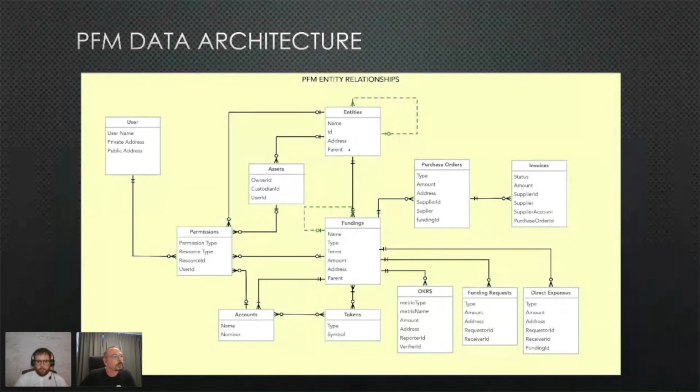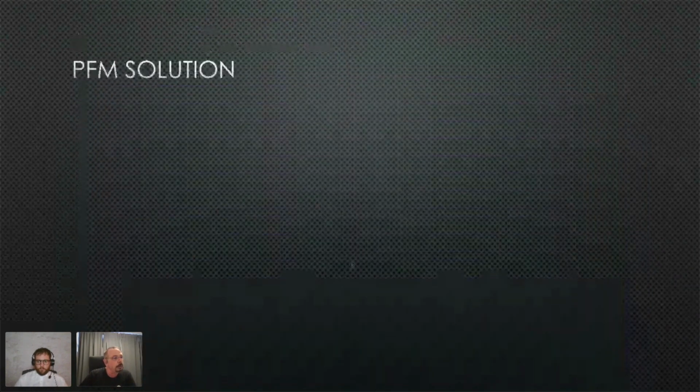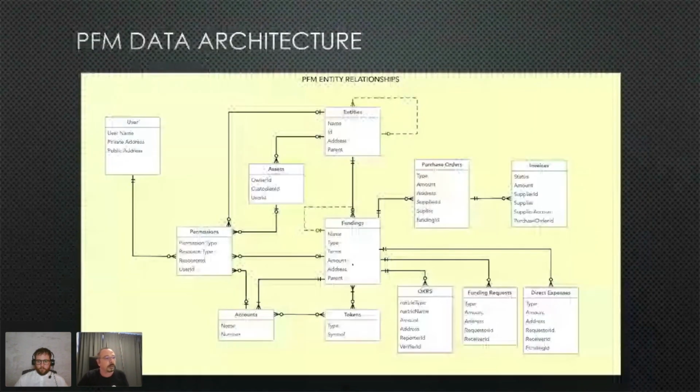Those entities will have fundings, potentially many fundings allocated to them of different types: loan, grant, or dollars. And again, those fundings may be related in a hierarchical fashion, down the hierarchy. Each funding has an associated account, and to our fundings we can attach multiple OKRs.